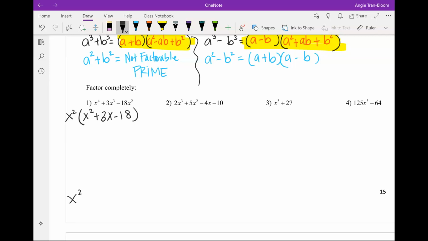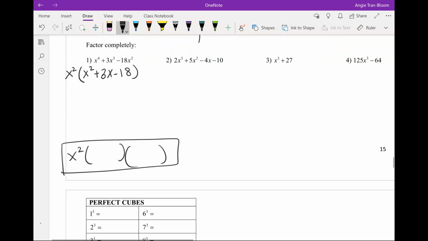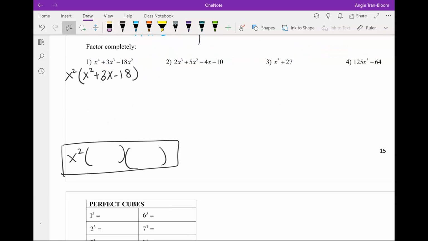Go further. All right, your job right now, y'all, is to go further with the trinomial. Once you have an answer, write it in and box it up. I will give you a minute. So that's just regular, it's back to a trinomial: x squared plus 3x minus 18.